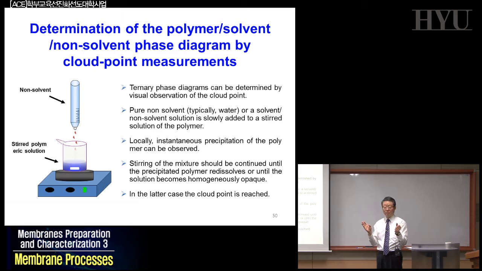Because the particles are too small. But later, drop by drop, after some time you start to see a white appearance in your drops, a color change, but it disappears very quickly. That's the point where you start to have your binodal.